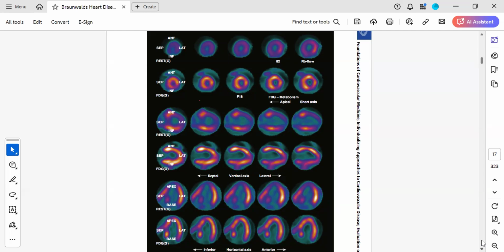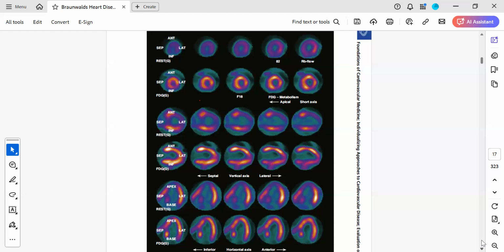The other one I would like to talk about is stunning, whereby there is regional dysfunction in the presence of normal perfusion. The last one is necrotic myocardium, or scar, which is when we have concordant reduction in both metabolism and flow. And this is regarded as PET match.